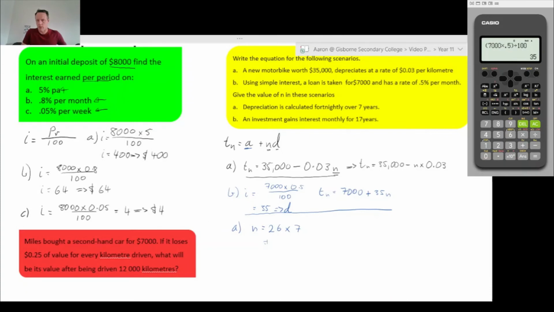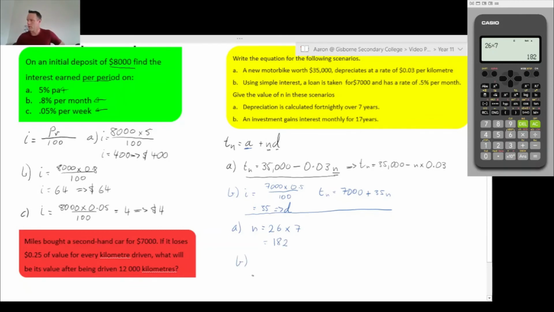And the n value for that would be 182. So when you put it in the calculator, we have an n value of 182.